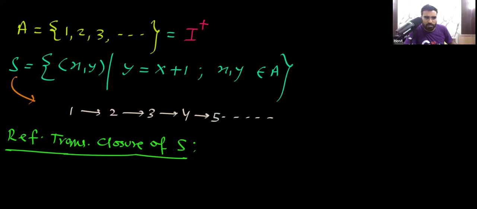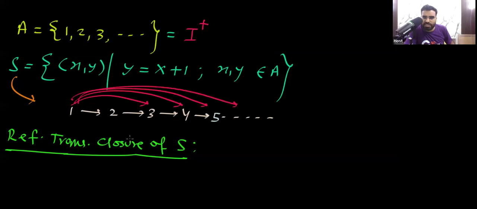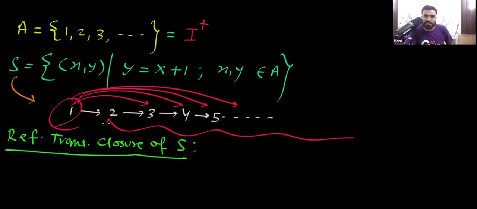Yes or no? To find the transitive closure, what do I need to do? I need to add this edge, this edge, this edge, and this edge, because from 1 to every other vertex there is a path of length at least 1. Means from 1 every other vertex is reachable by a path of length at least 1.